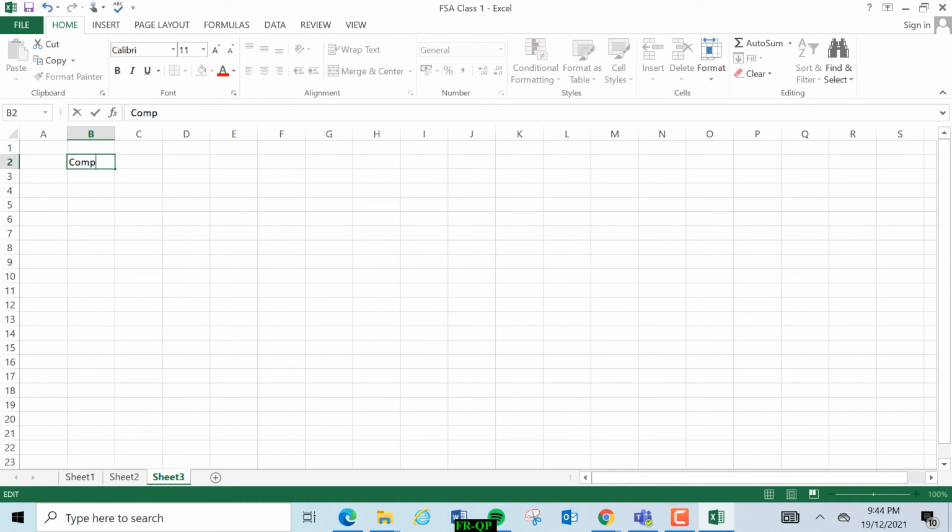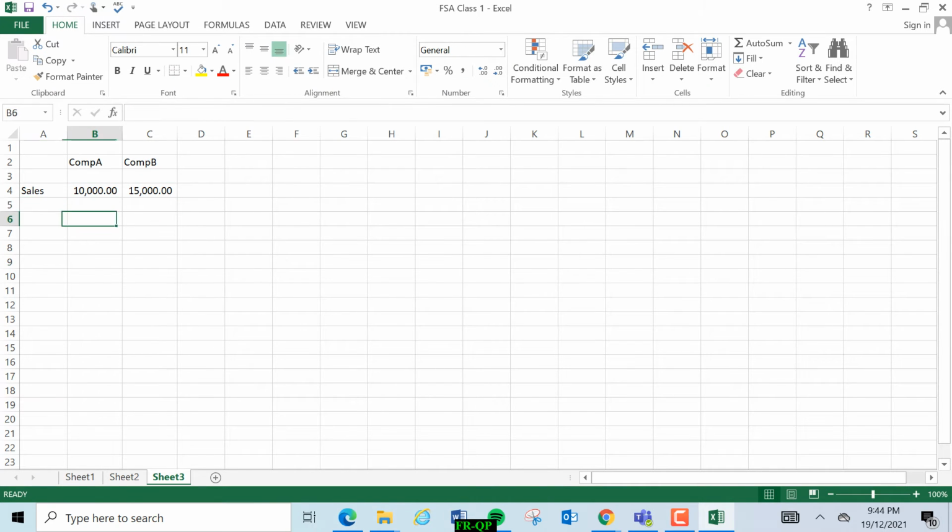So you have a company A and a company B. Company A has a sale of 10,000, company B has a sale of 15,000, and the unit rate is 10 for both the companies, and variable cost is say 40% for both the companies. So how much is the variable cost? 4.